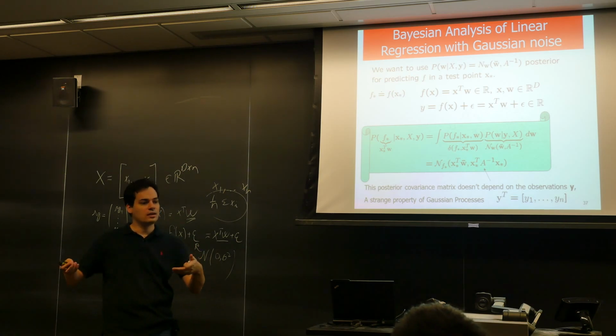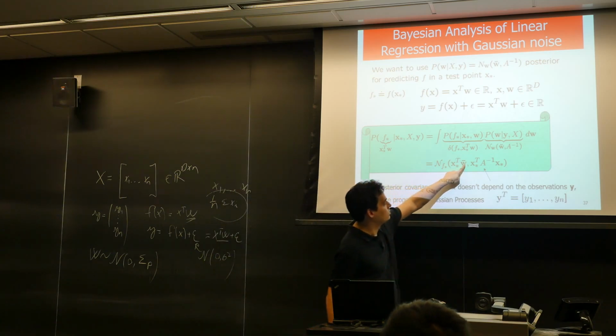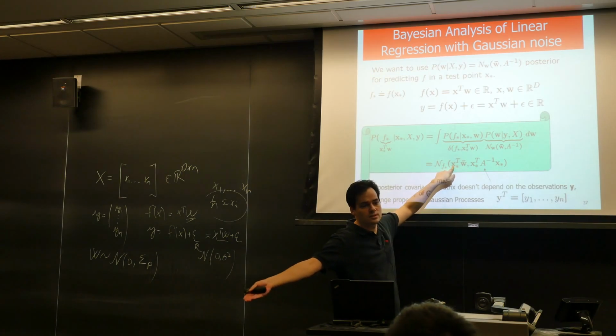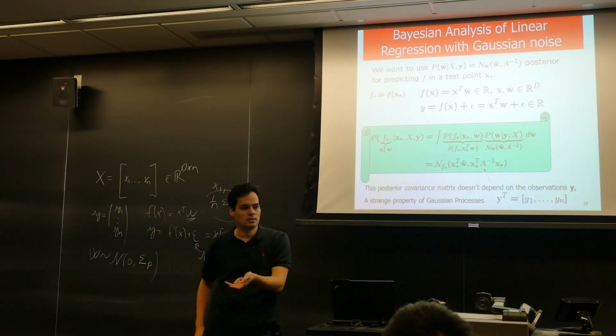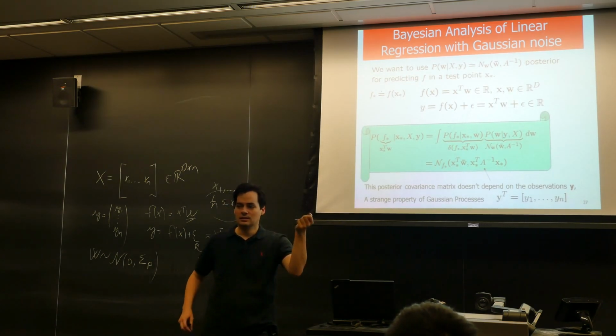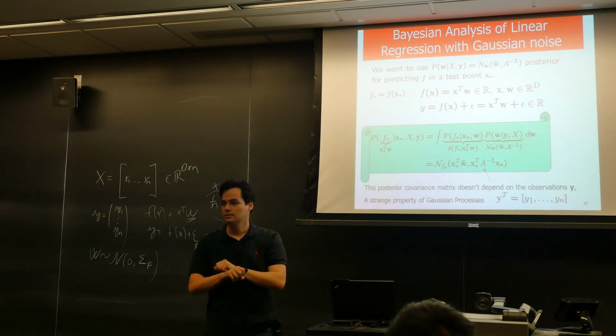So it will be a Gaussian. What will be the mean? X transpose times the mean of W, right? So the mean will be the mean of W, which was W bar, times X transpose. That will be the new mean. And what will be the variance? It will be X transpose times the covariance of the Gaussian times X. Right?